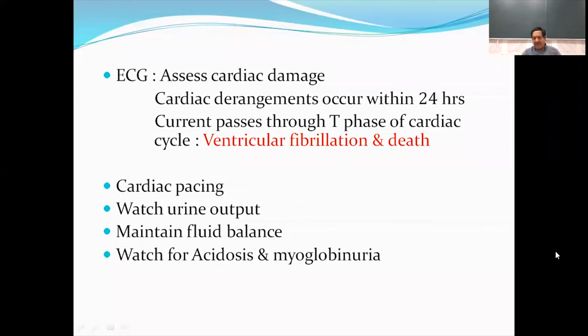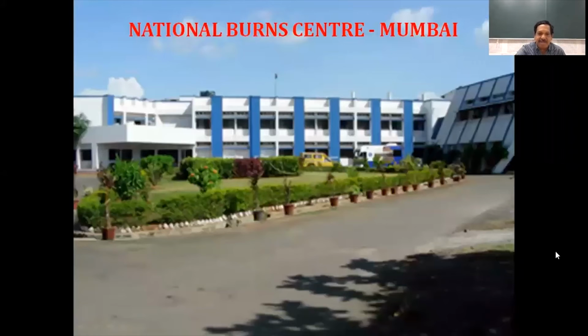Here, you aim for 2 ml per kg body weight per hour. That means high urine output may minimize the damage from electrical burns.